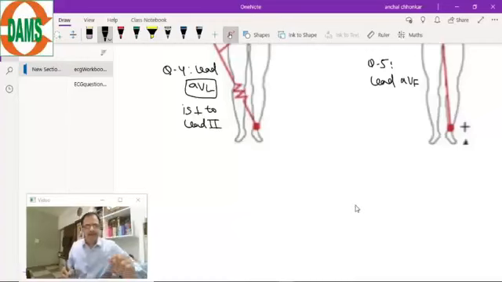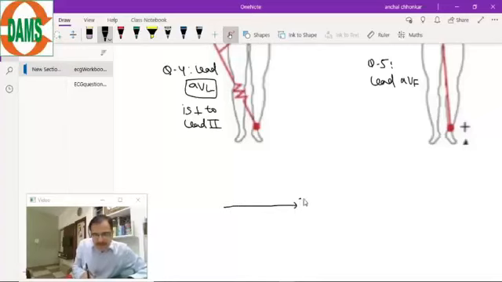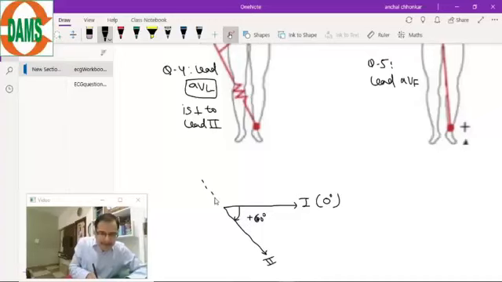This we all know. So where exactly is lead 2? Here is lead 1, 0 degree. Here is lead 2, plus 60 degrees.